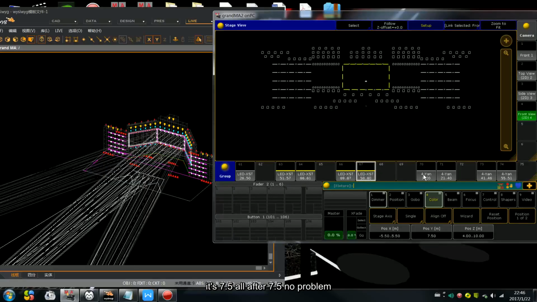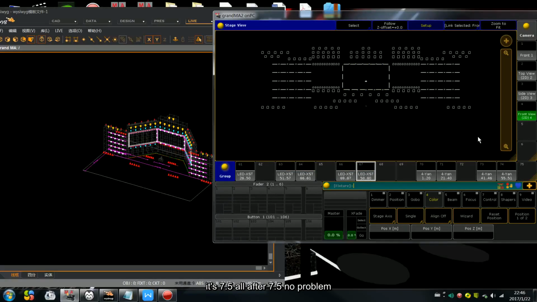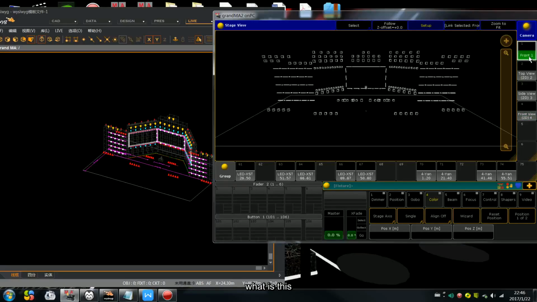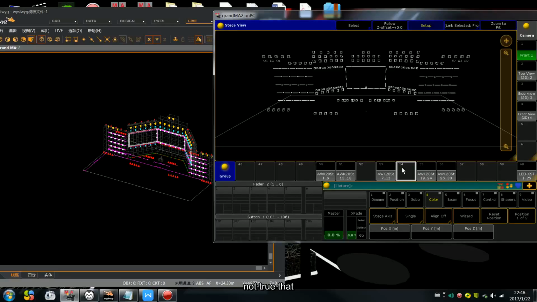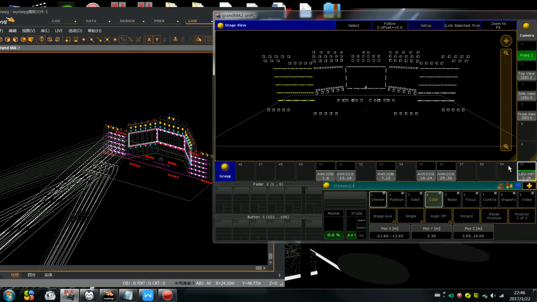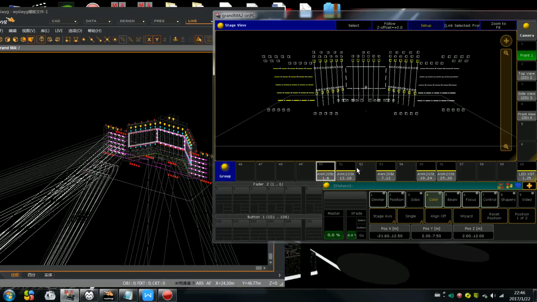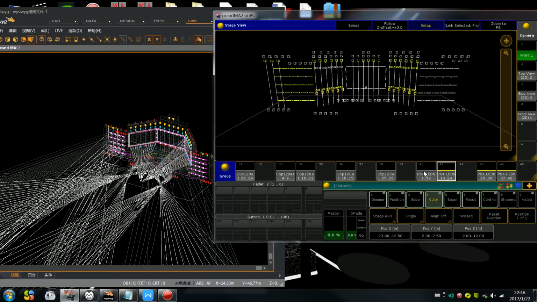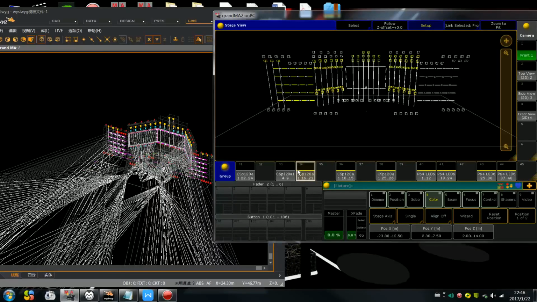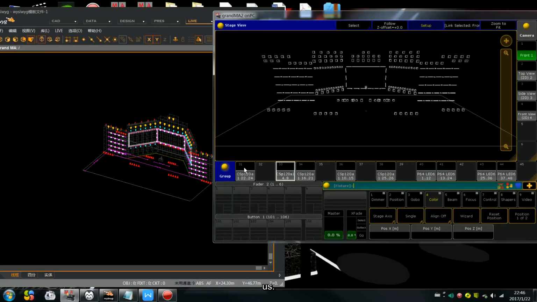It's 7.5. All after 7.5. No problem. What is this? This should be 7.5. This should be from the previous group. Not true. That. This group should be us.